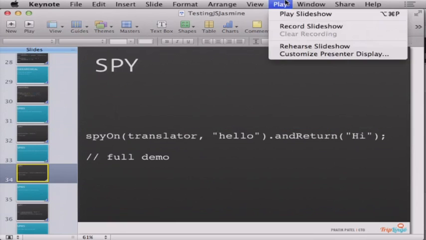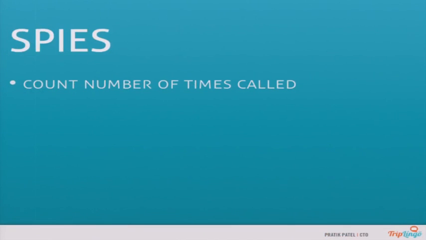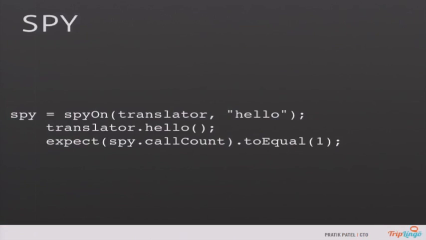All right, so let's go on to our next topic on spies. The other thing we can do is a spy can be used to count the number of times something is called, right? This can be very useful when you're testing. Not only can you check to see if something has actually been invoked, but you can see has it been invoked 1 time or 5 times or 10 times, okay? The code for this is very simple. Right?